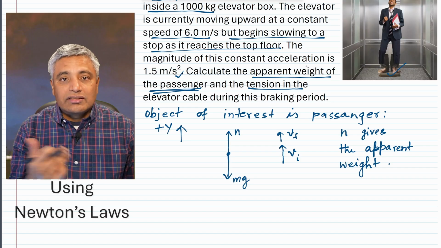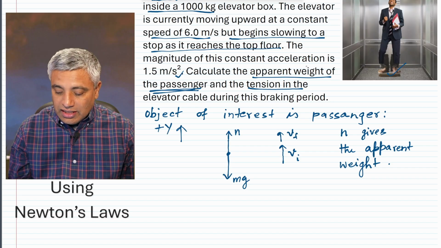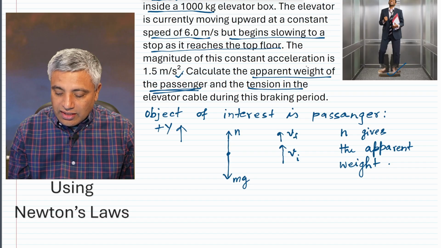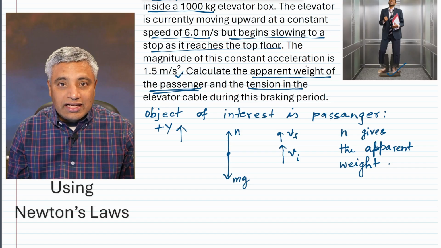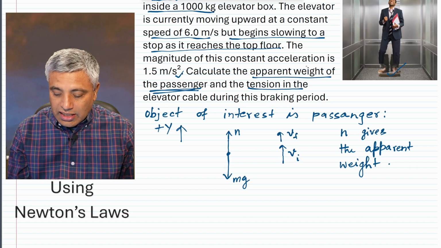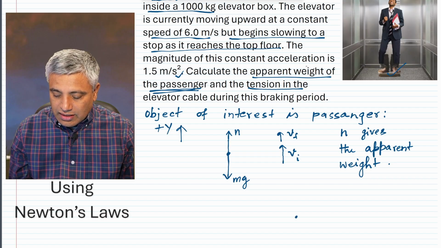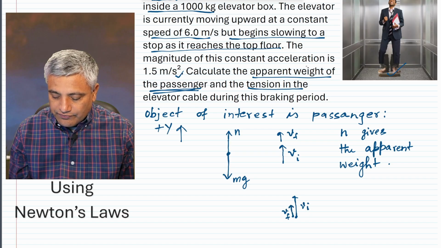How short depends on how fast it is slowing down. If I want to find the change in velocity vector that gives the direction of acceleration, I draw them tails together. So this is my VI, and bring the tail of VF here and draw like that.